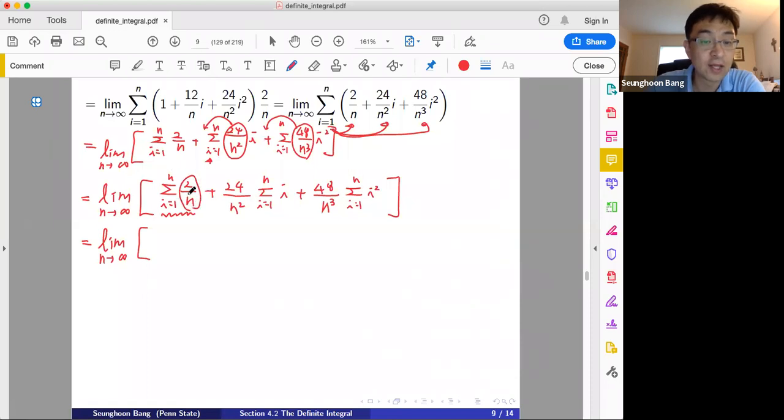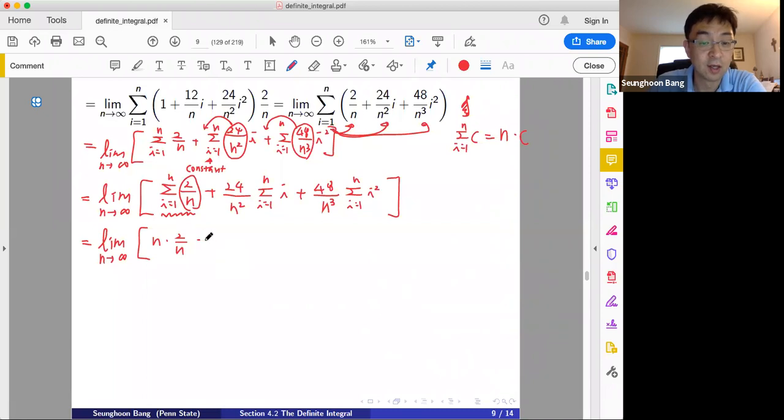The 2 over n is like a constant, right? So we have this rule. Do you remember this one? Summation i equal 1 to n of a constant c is n times c. We have it here, the constant times n. So we have n times 2 over n.